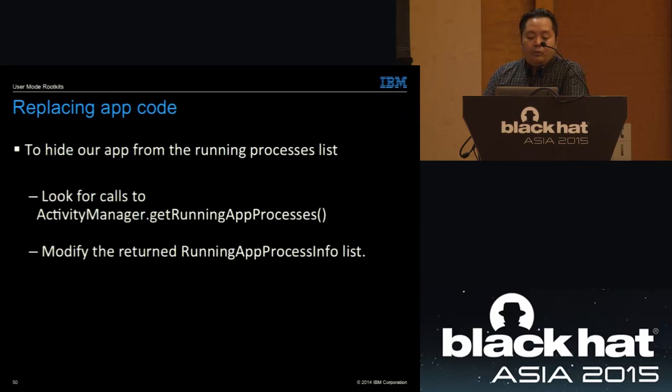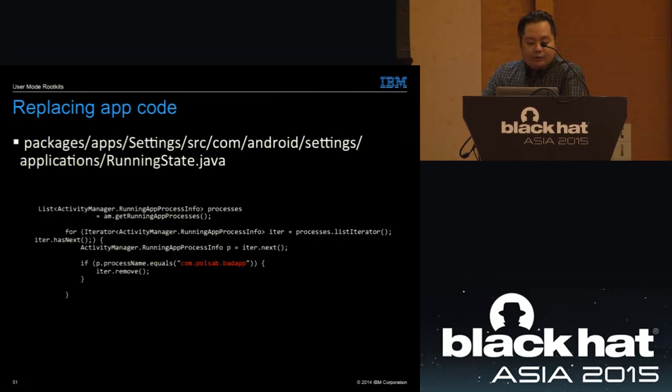So, for example, if you want to hide our app from the running processes list, we look for calls to getRunningAppProcesses. Then we modify the returned RunningAppProcessInfo list. For example, this is the code that's responsible for that in the Settings app.